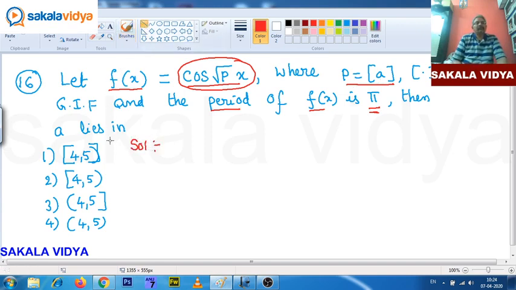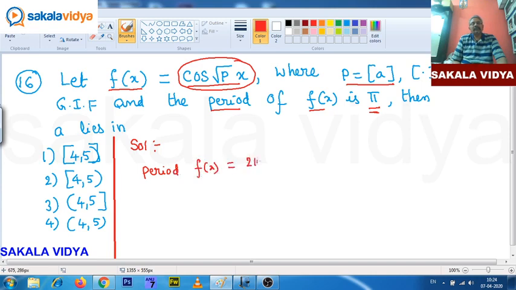Solution, okay, period of f of x, which is a cos function, is 2 pi by root p, which is equal to pi.